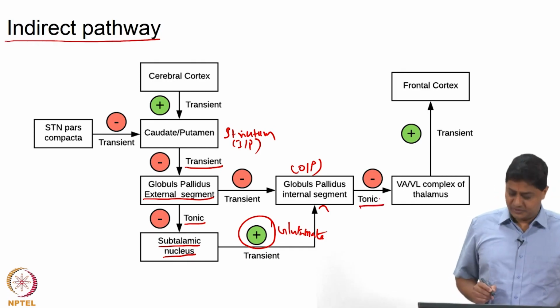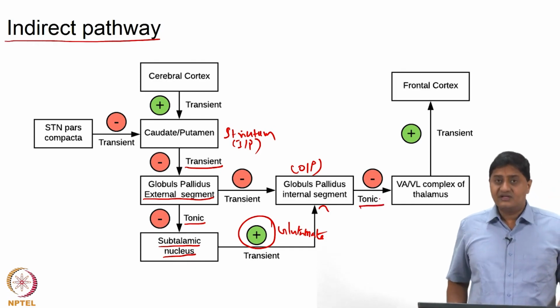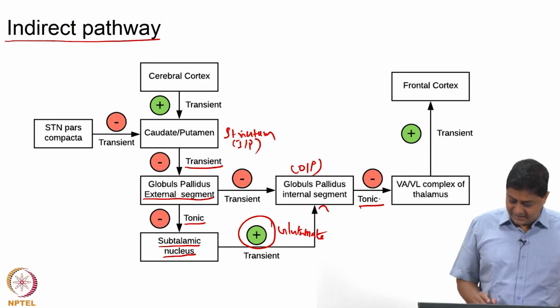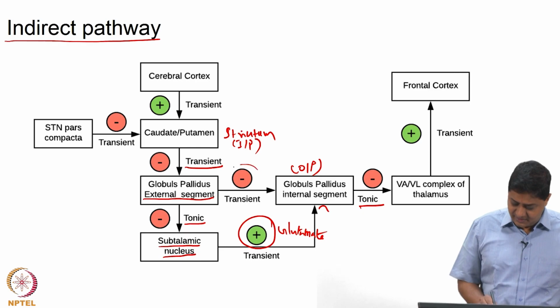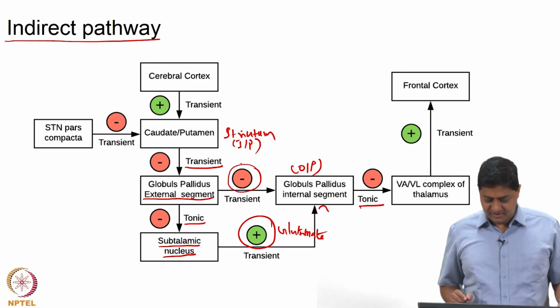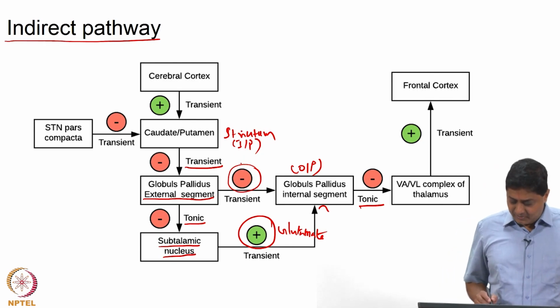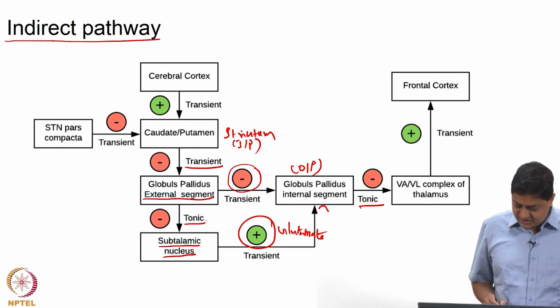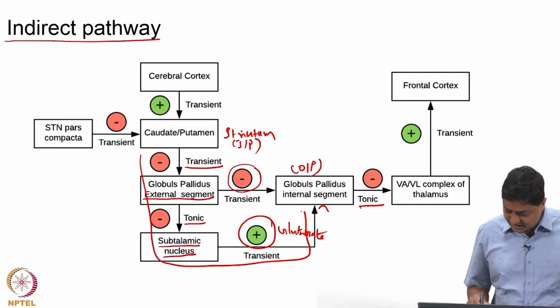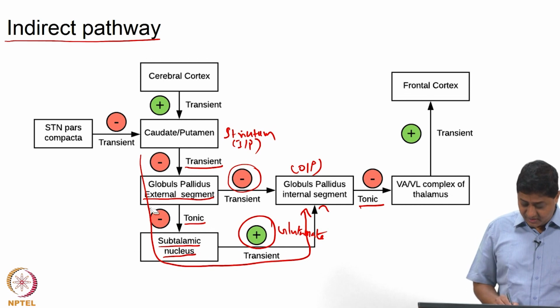The tonic input from the GPI to the thalamocortical neurons is transiently inhibited by the GPE, but the most important explanation actually comes through the pathway that involves the subthalamic nucleus.